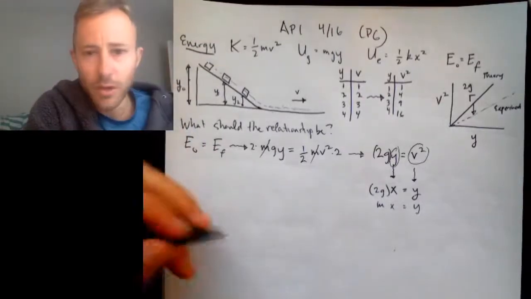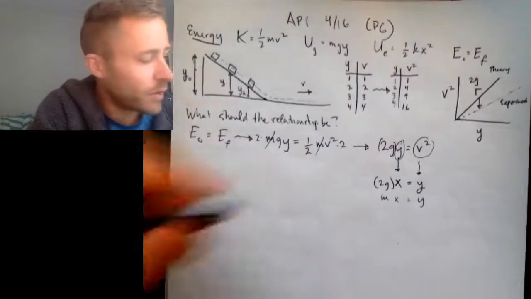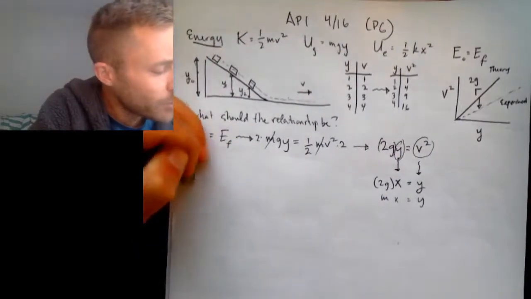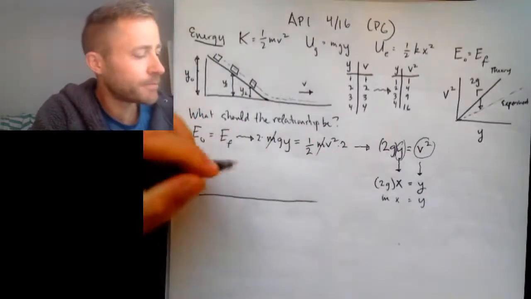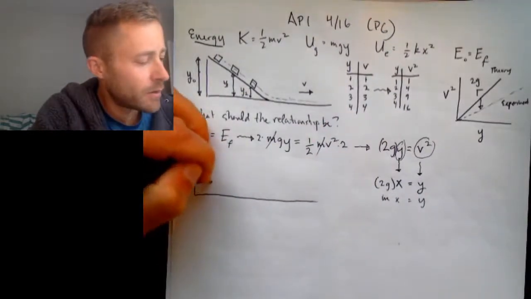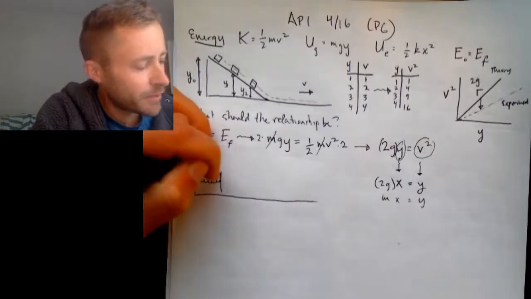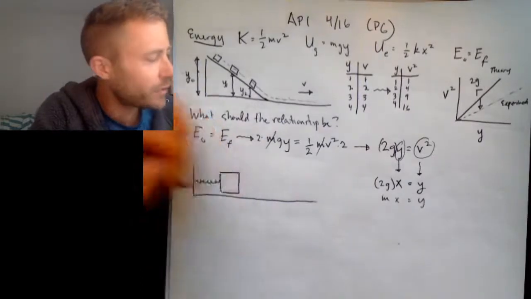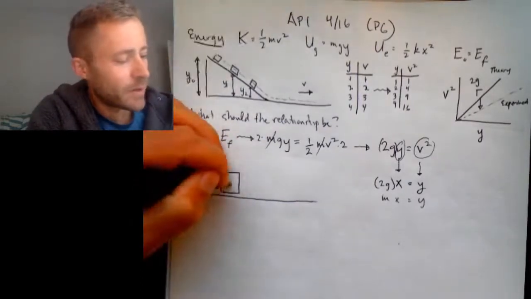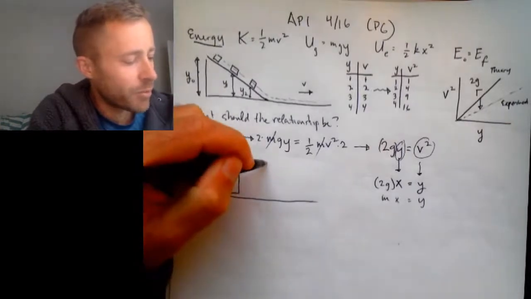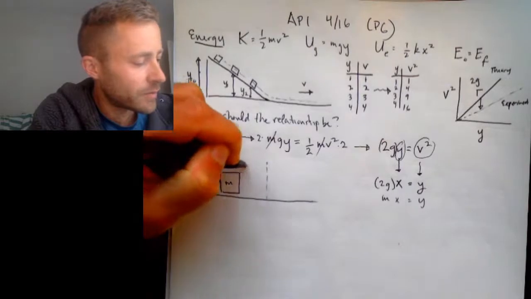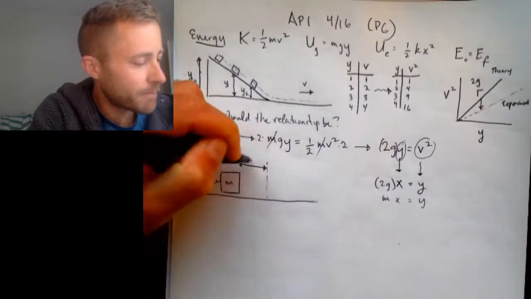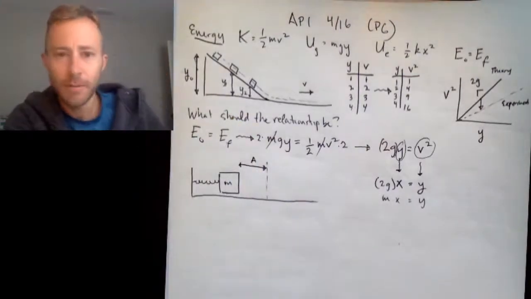Let me give you another experiment that you could do involving energy. What if you had a spring, and that spring is attached to a mass, and that spring is compressed a distance a, all right?